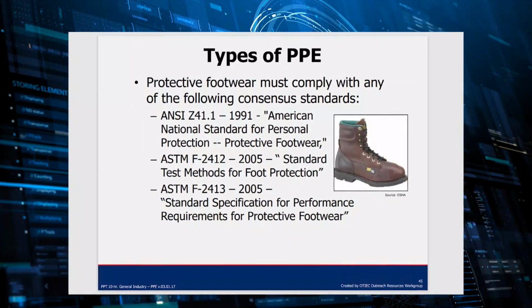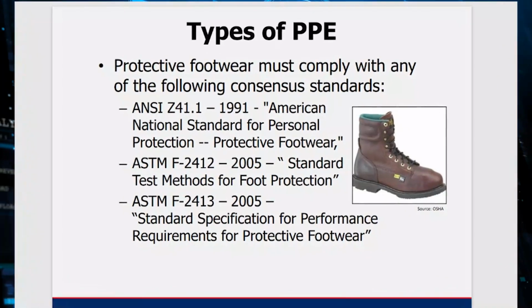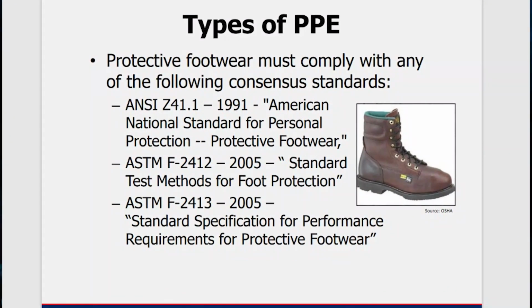Protective footwear must comply with any of the following consensus standards: ANSI Z41.1 1991, American National Standard for Personal Protection, Protective Footwear, ASTM F 2412 2005, Standard Test Methods for Foot Protection, ASTM F 2413 2005, Standard Specification for Performance Requirements for Protective Footwear.